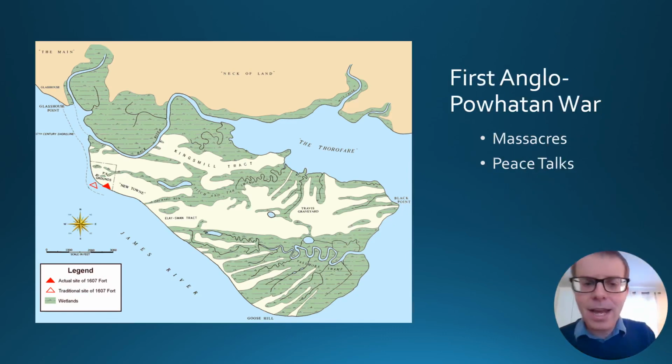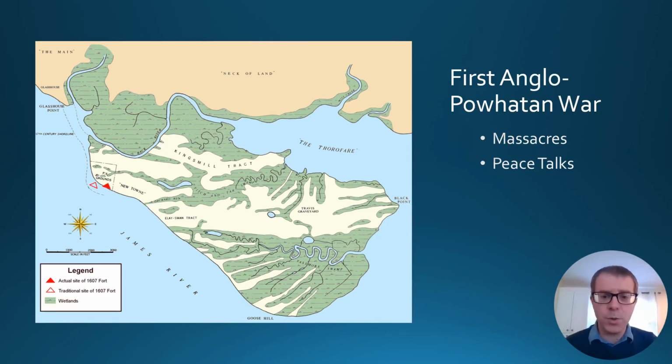And it's at this time that an outbreak of wars starts between the English and the Powhatan Confederacy that will last for many decades. And there is sort of multiple tensions that begin to develop between settlers and the Powhatan Confederacy.